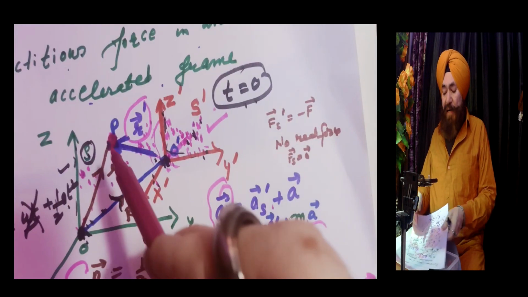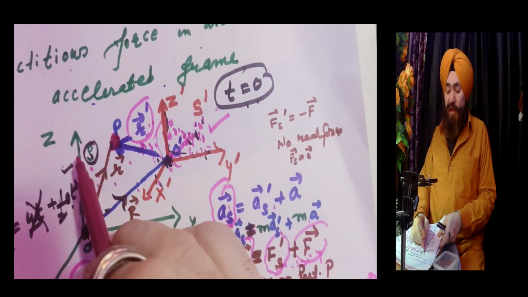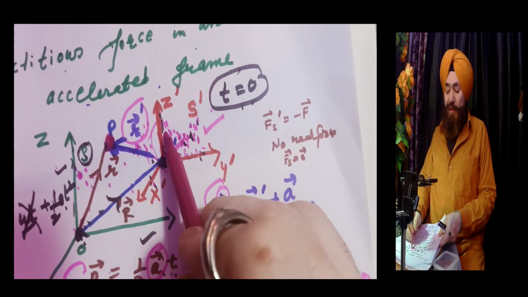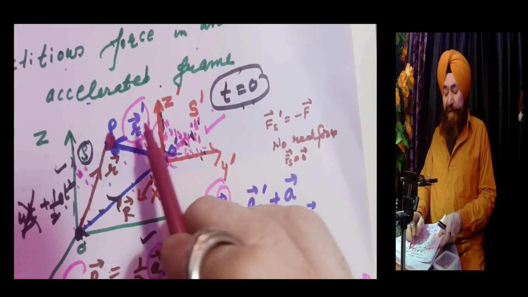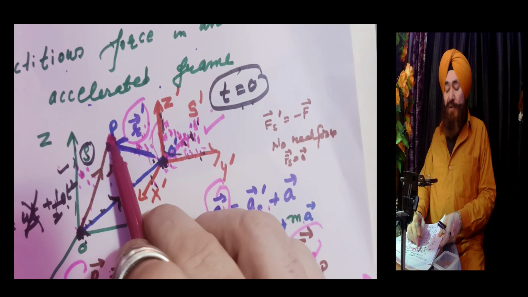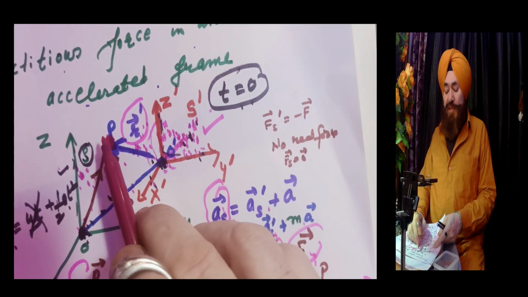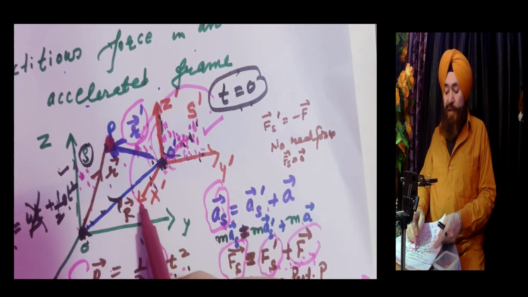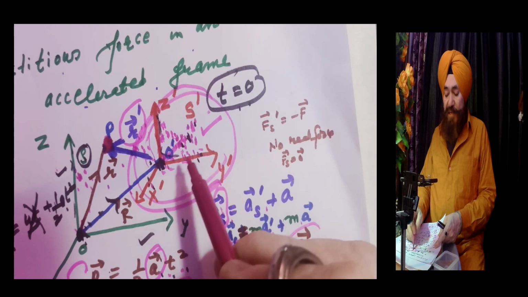That means the particle experiences a force even though it is not moving with respect to S frame, but if it is observed from the frame S dash, it is experiencing a force. This is not a real force. This force is originating because of the accelerating frame.